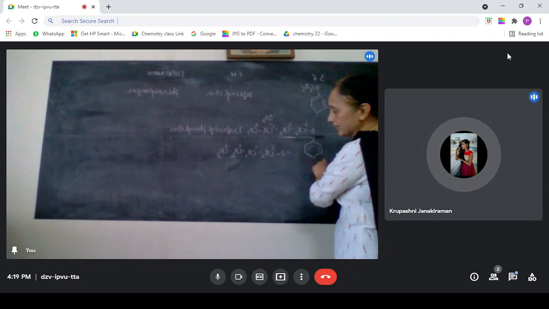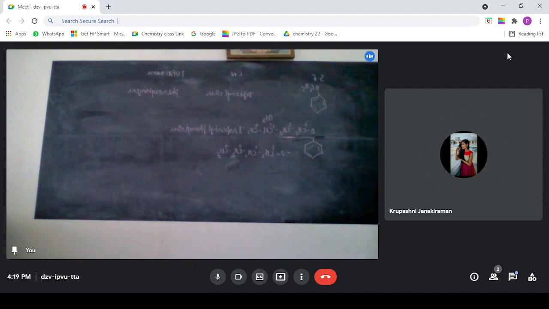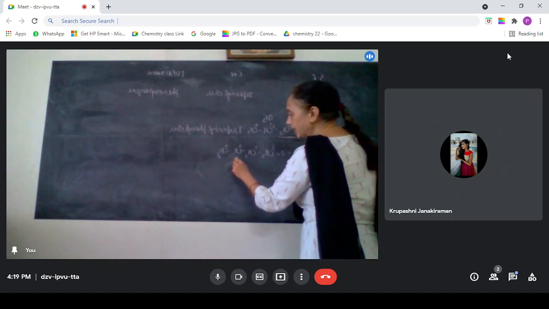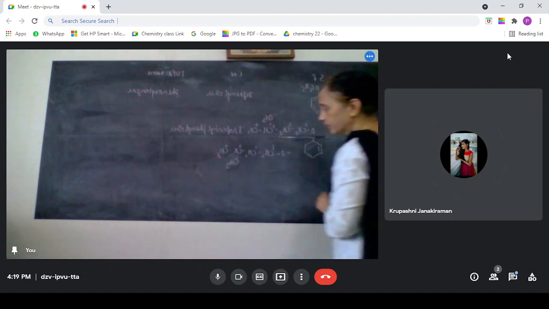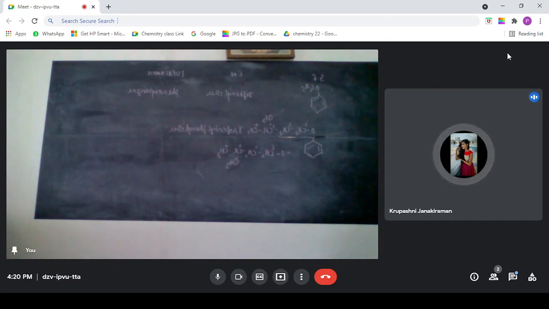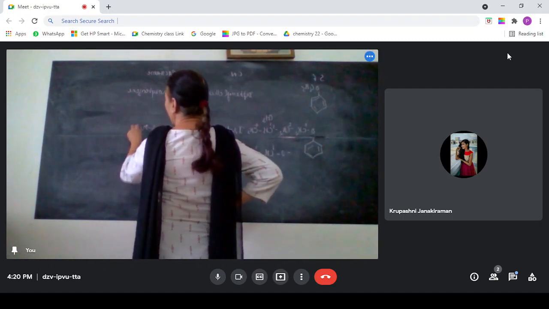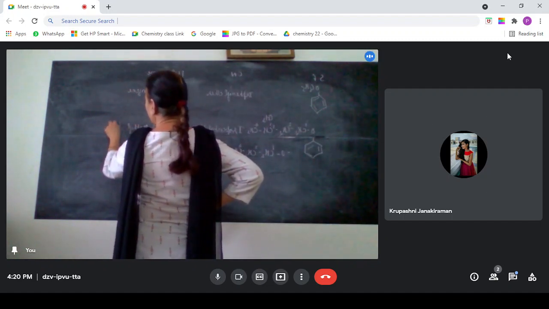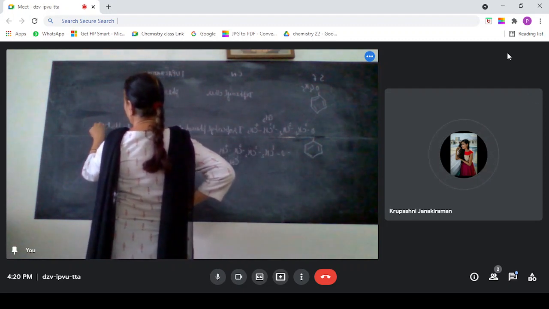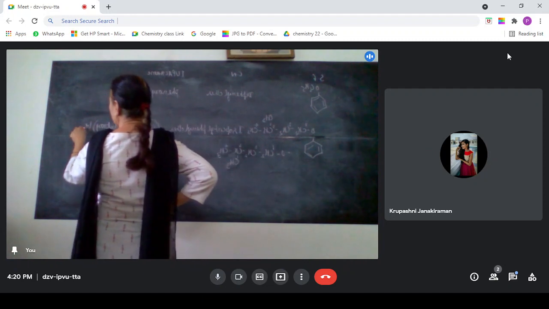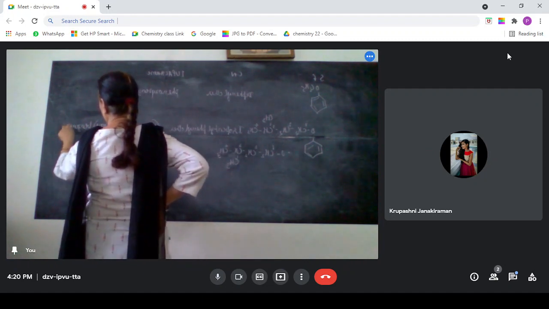Then I'm not changing that, 1-butoxy. I am just replacing here with 1 methyl. 3-methyl, 1-butoxy, correct. This whole is one group. So put it like this, benzene. That's all.